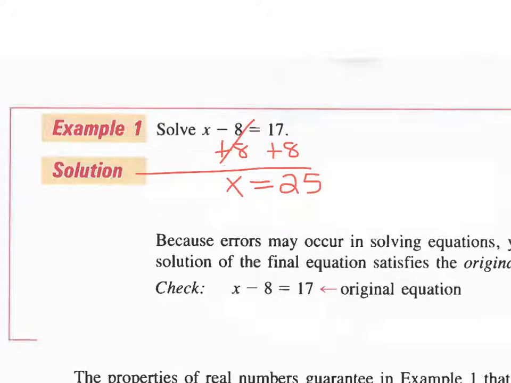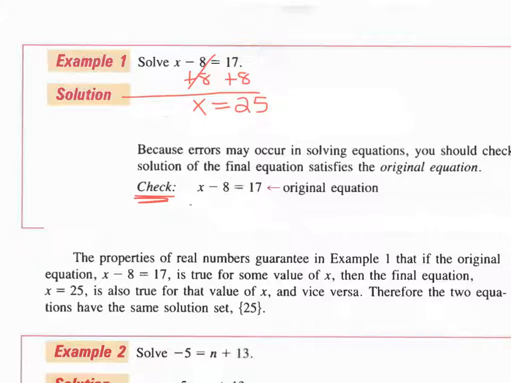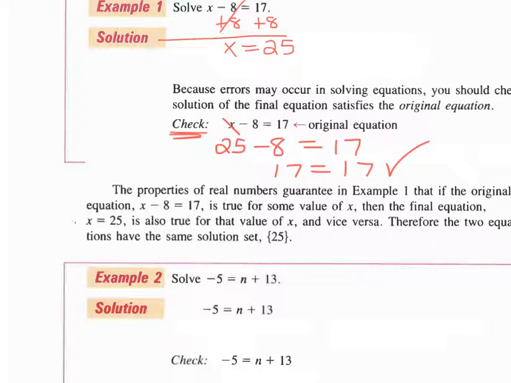Again, remember, you can check your answer by taking what you got, taking the place of the variable, subtracting that, and see if it equals 17, which was your original equation. It did, and our solution is x equals 25. Now, you may see answers written as x equals whatever the value is, or you will also see them in the set brackets. I would accept your answer either way.